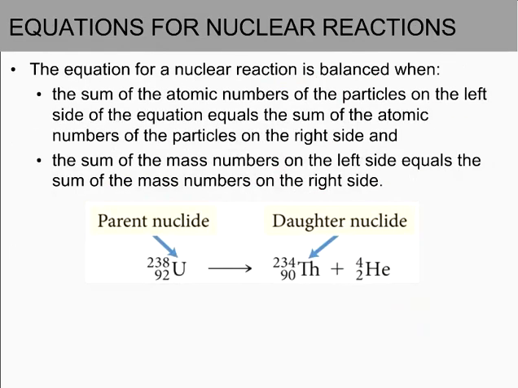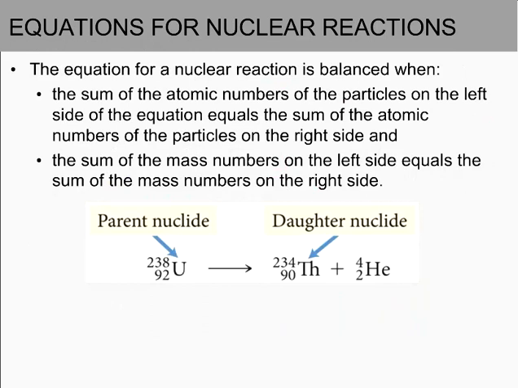So how do we actually write what happens in a nuclear reaction? We're going to write an equation similar to how we wrote previous chemical equations, but instead of having the same number of atoms on each side, we're just going to look at the atomic number and the mass number.